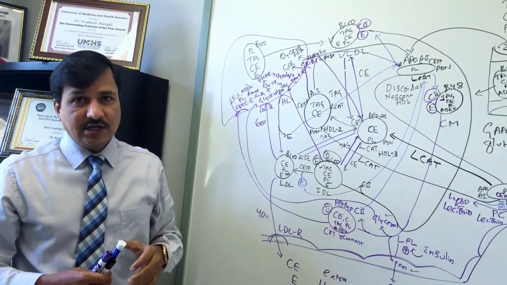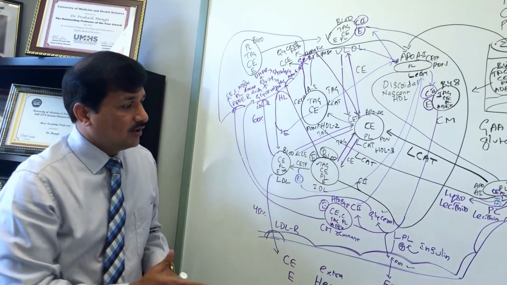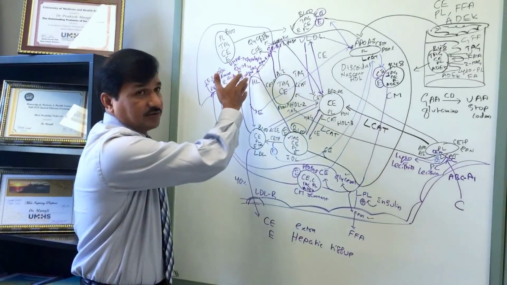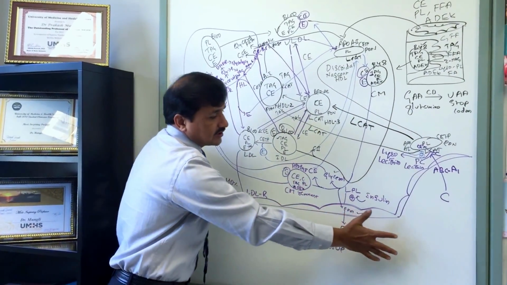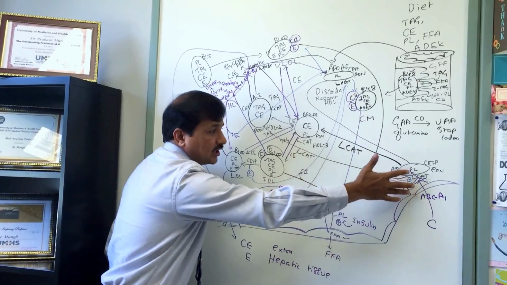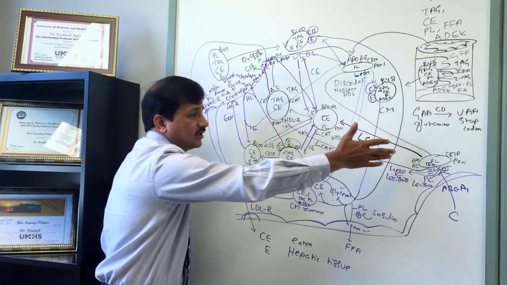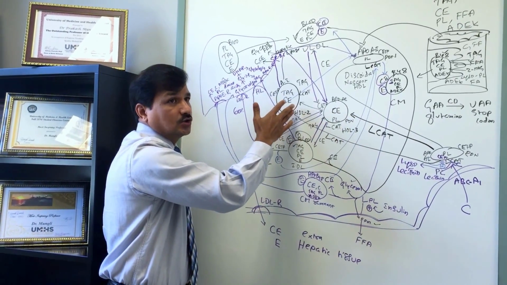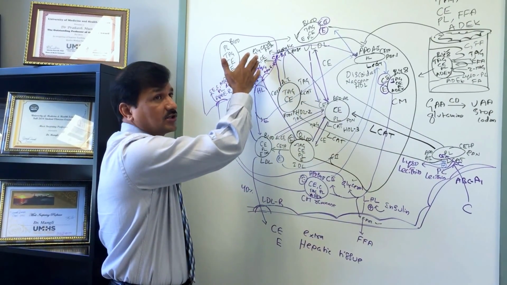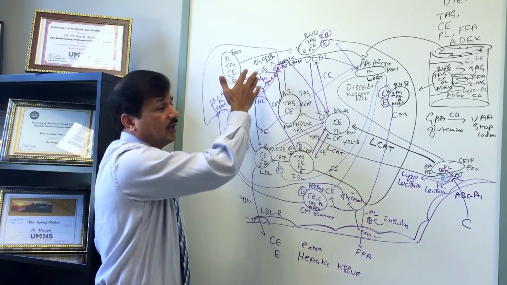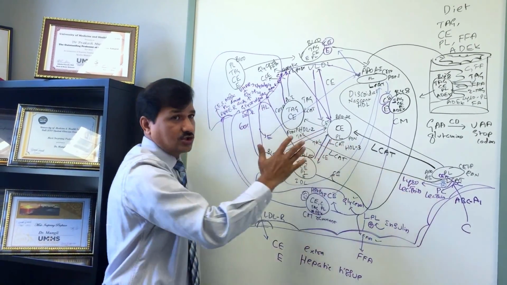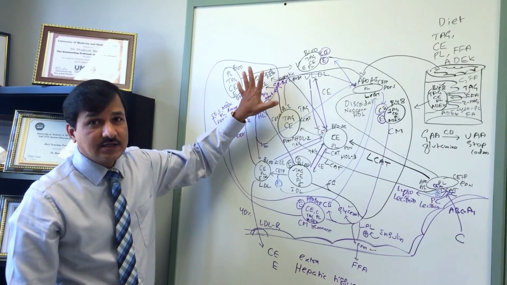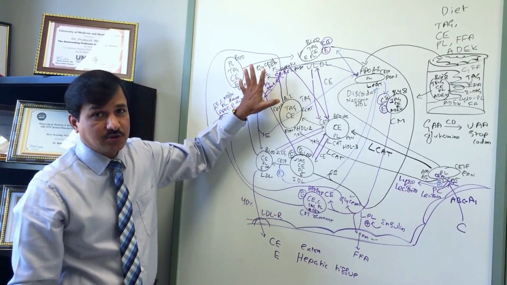Overall, we have taken cholesterol present in the peripheral tissue back into the liver. The excess cholesterol in the peripheral tissue is taken up by HDL: nascent discoidal HDL is converted to HDL3, HDL3 to HDL2, and HDL2 gives that cholesterol back to the liver. This journey of cholesterol from peripheral tissues to the liver is called reverse cholesterol transport.